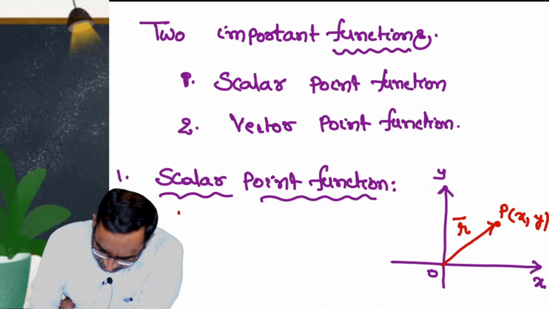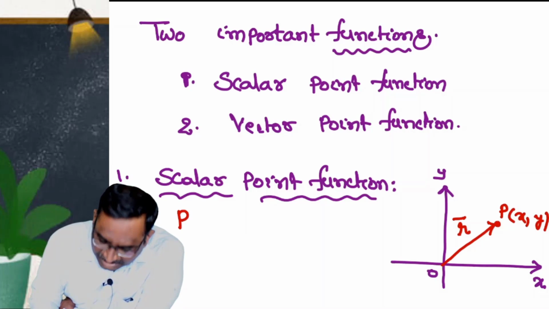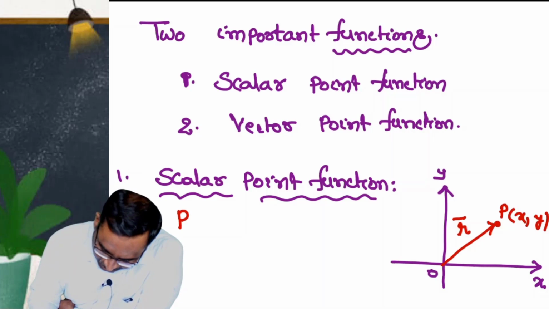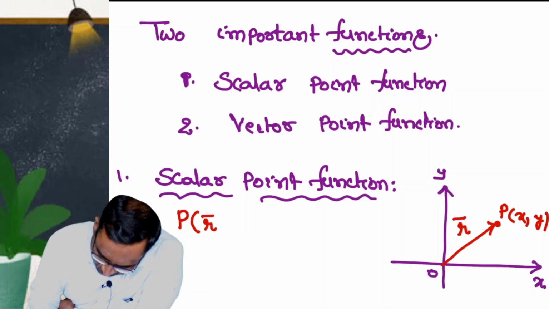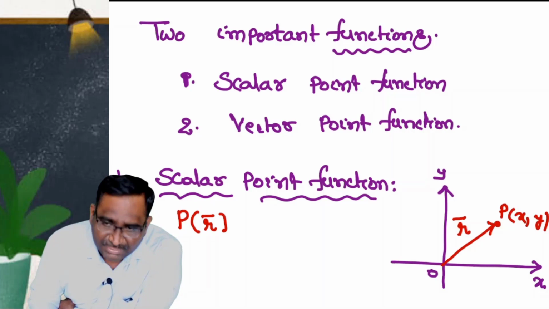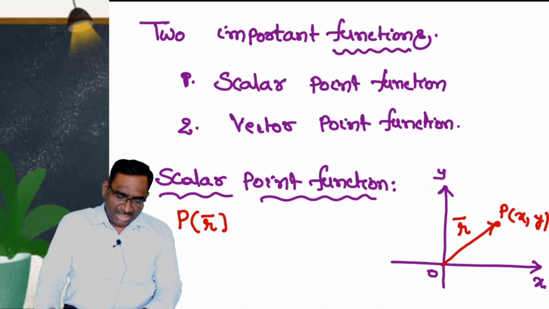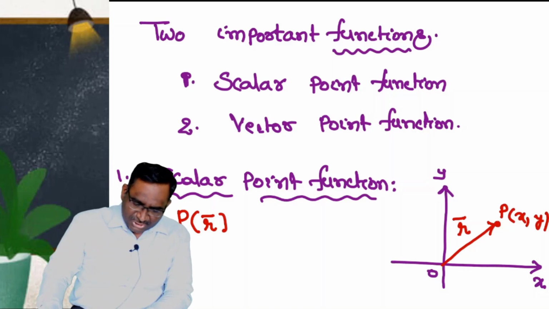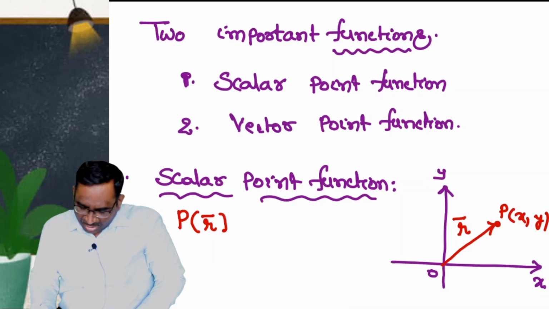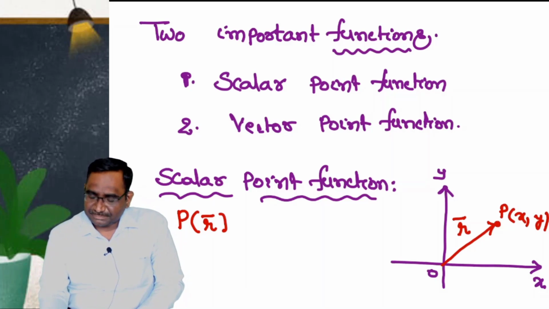So generally I write P represents the point, and r bar is the position vector corresponding to this point P.